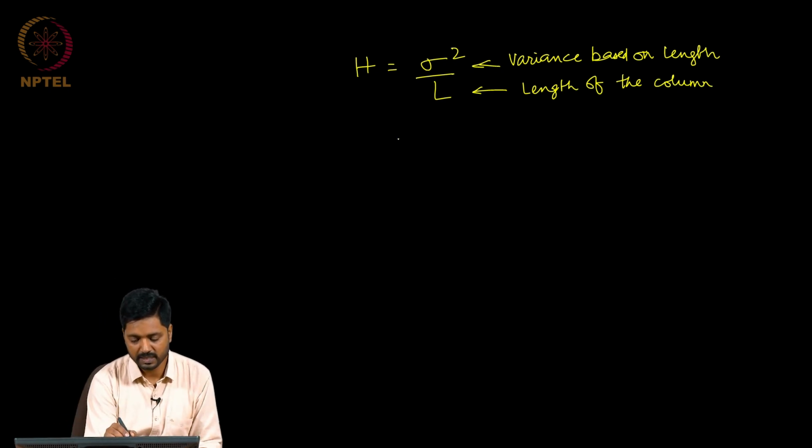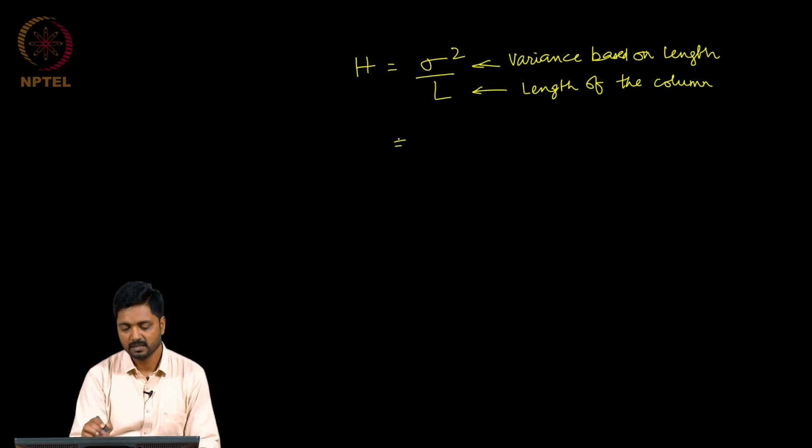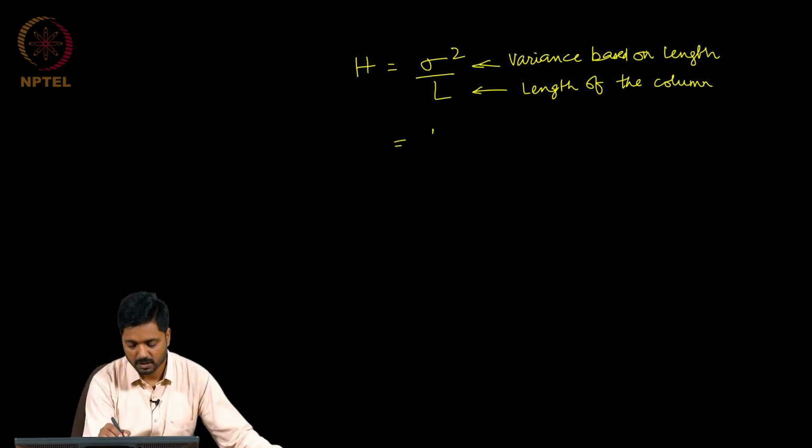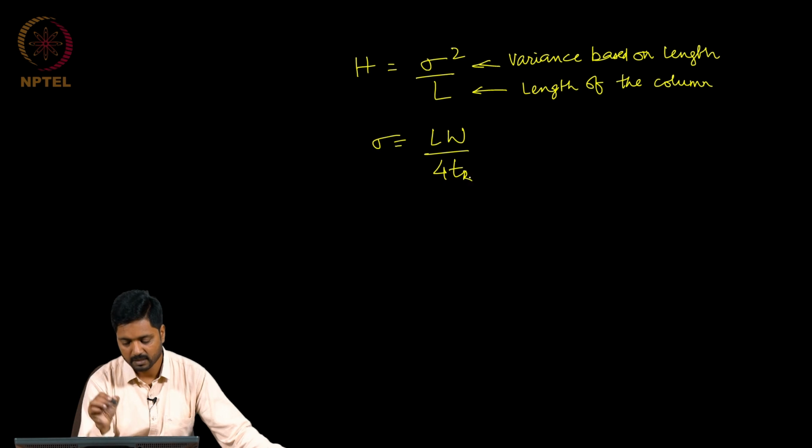Now, we already saw that the sigma square value was LW by 4 TR, the whole squared.